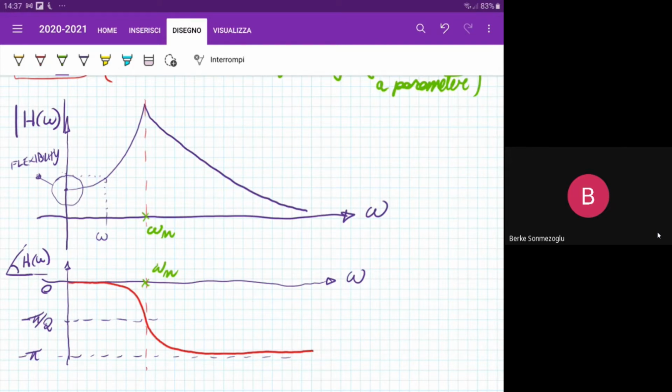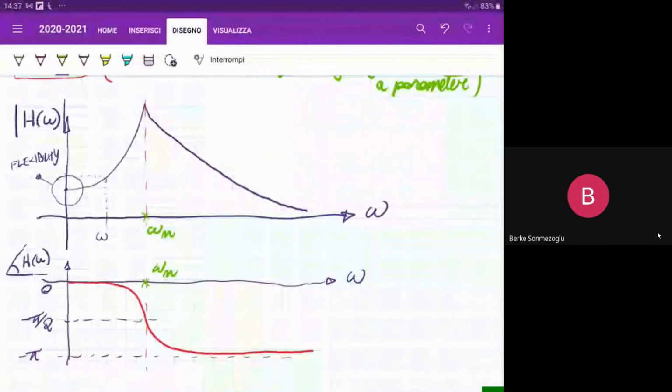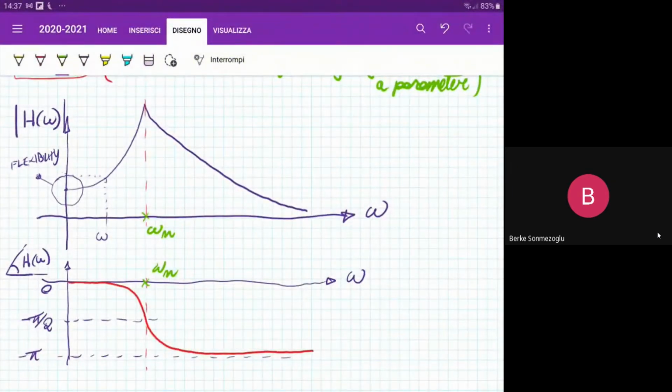And indeed, as you can see from that picture, we have an output response that is less than the output response at omega equal to 0. There is an attenuation. That's because the system can't follow the high frequency harmonic excitation when the frequency is very large compared with the natural frequency of the system. And therefore, when we are considering the large frequency, there is a very large attenuation.